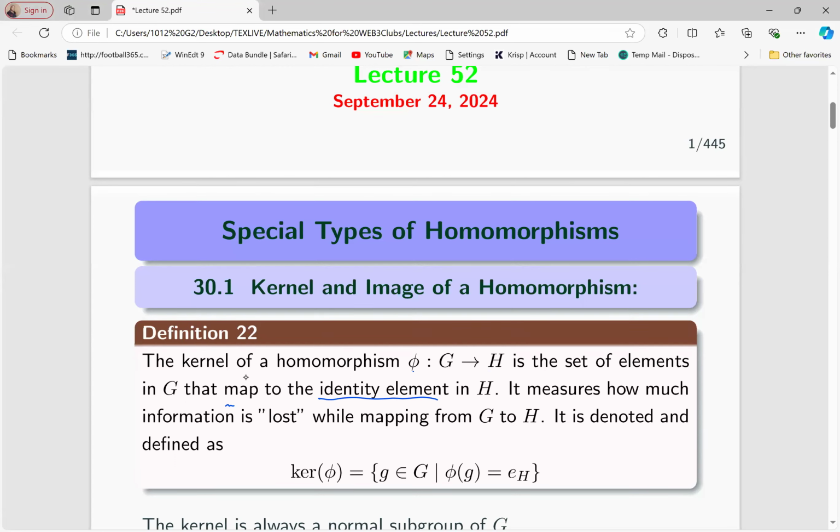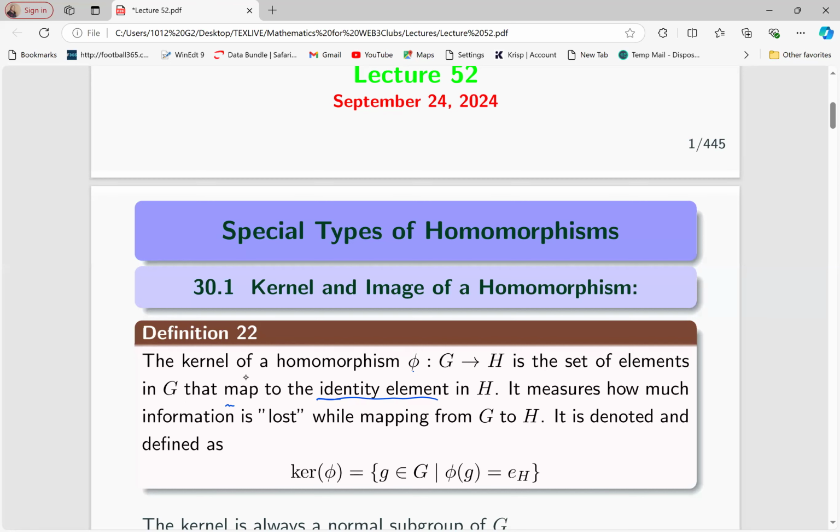But let me use the word identity because if the group is multiplicative, then the identity will be one. So those elements which map to the identity are what we call the kernel.